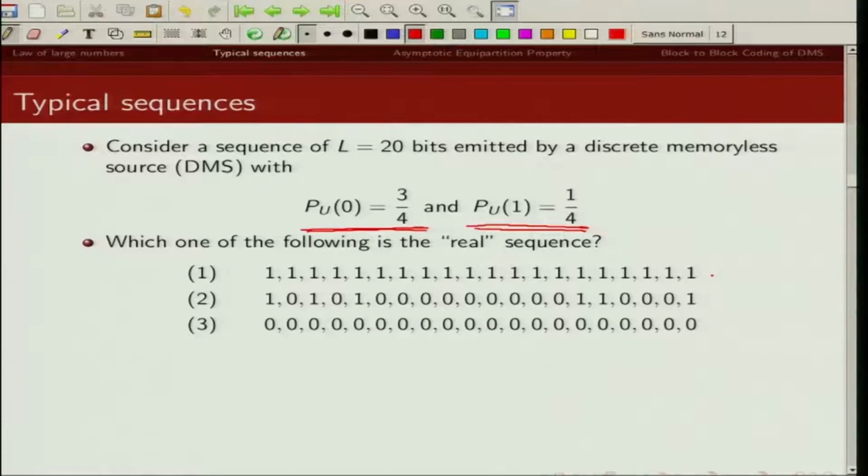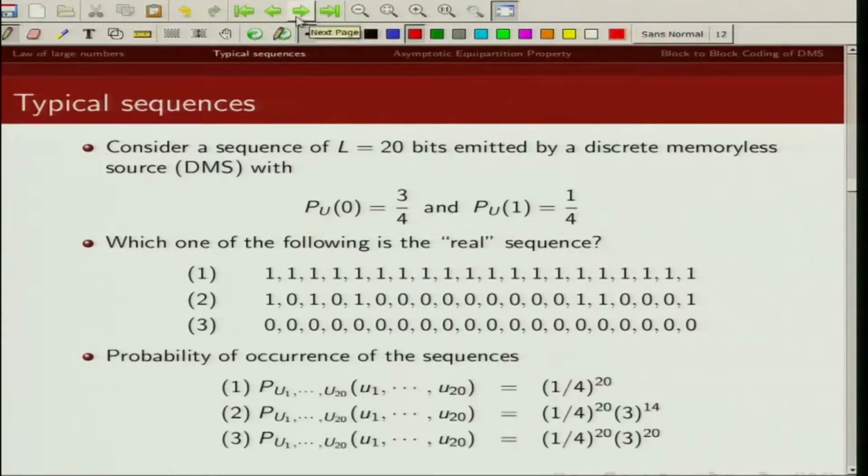So what is this sequence? The first sequence that we see has all ones. The second sequence has zeros and ones, and the third sequence is all zeros. Now if we look at the probability of occurrence of each of these sequences, because 1 happens with probability 1 by 4, the first will happen with probability 1 by 4 raised to power 20.